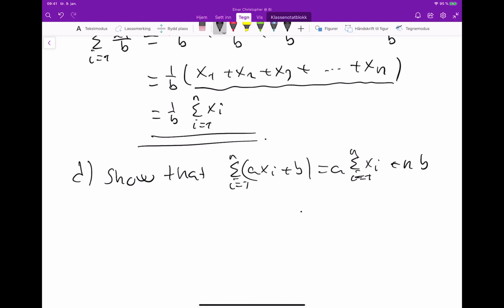So let's start with what we get. The sum from i equal 1 to n of axi plus b.